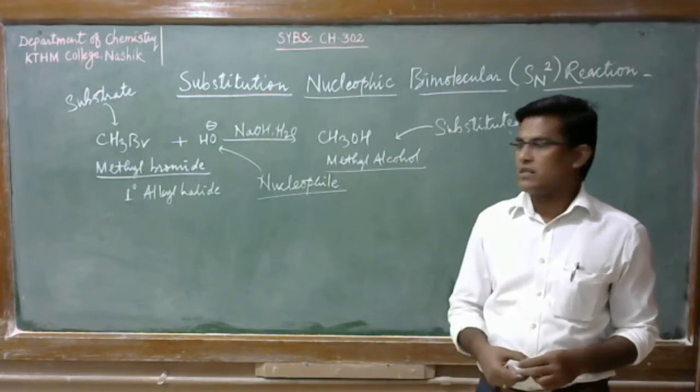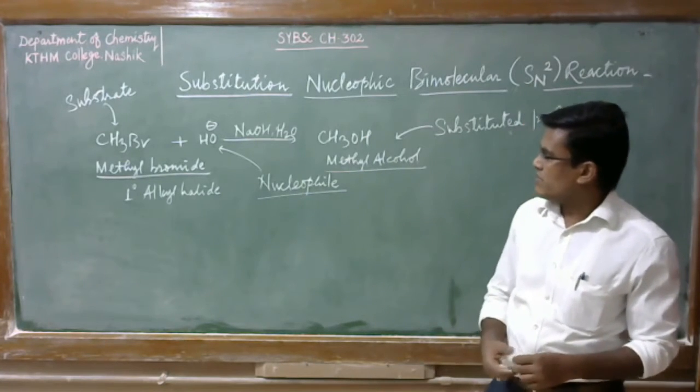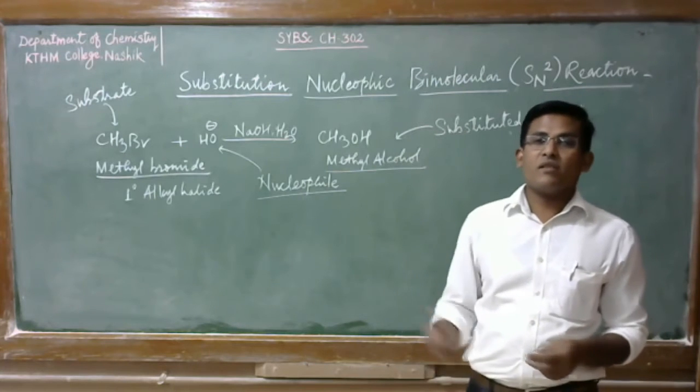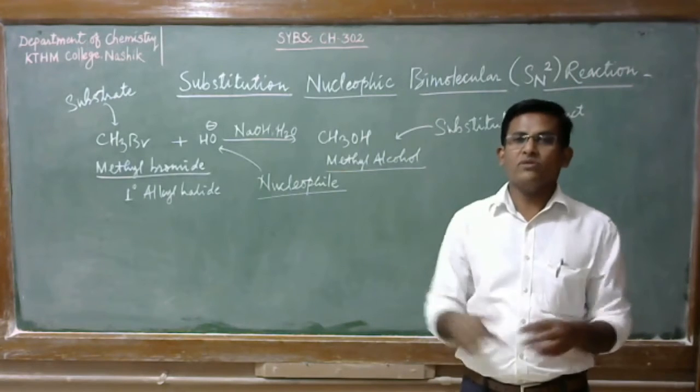One of the factors is the collision. Collision is also an important factor in this reaction. As the concentration of the substrate and nucleophile increases, the collision will also increase.